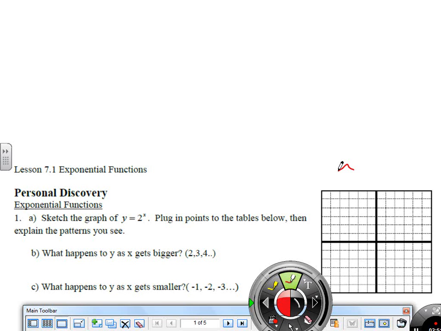When will you reach 0? You guys can't find it in your table? It goes to scientific notation, so things like 0.000000 something. What's happening to this function? It's getting smaller, okay? But is it ever reaching 0?